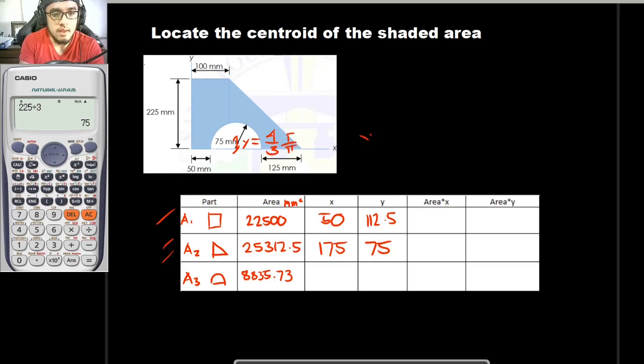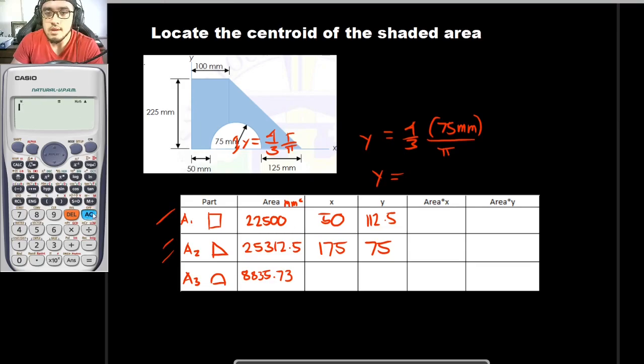Substituting known values, the radius here is 75 mm, divided by pi. So solving for y, that is equal to 4 times 75 divided by 3 divided by pi. So our answer here would be 31.83. So that is to be for y.